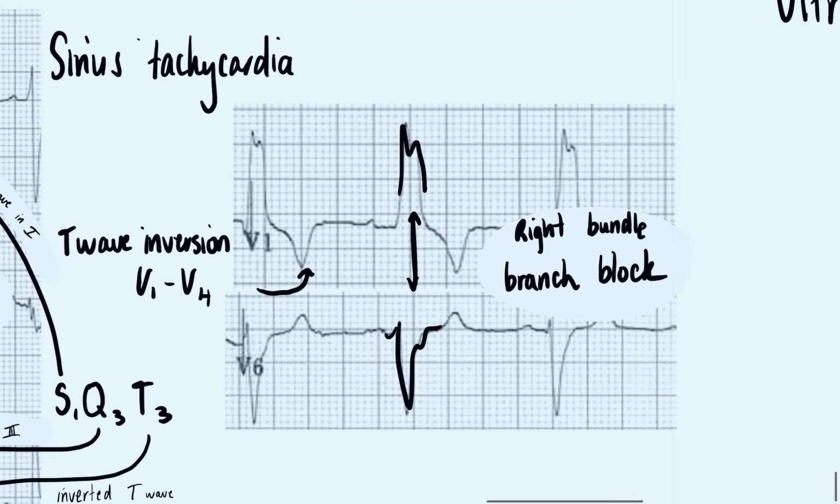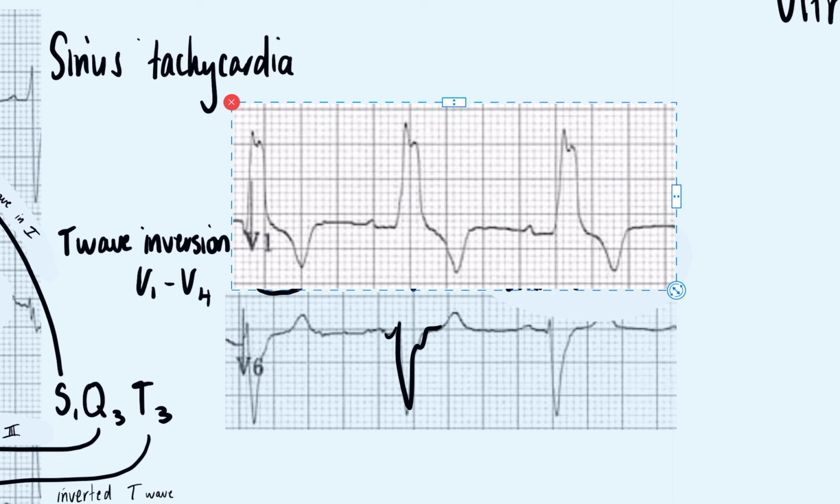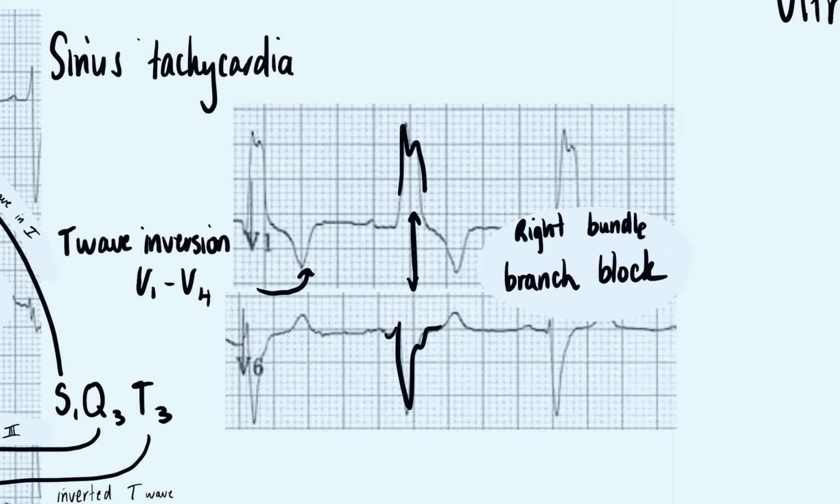And you're also going to see a right bundle branch block, or you might see a right bundle branch block, depending on how extreme the case is. And for me, I remember this by looking at V1 and V6. If V1's making an M, and V6 is making an N, it's saying the word marrow.